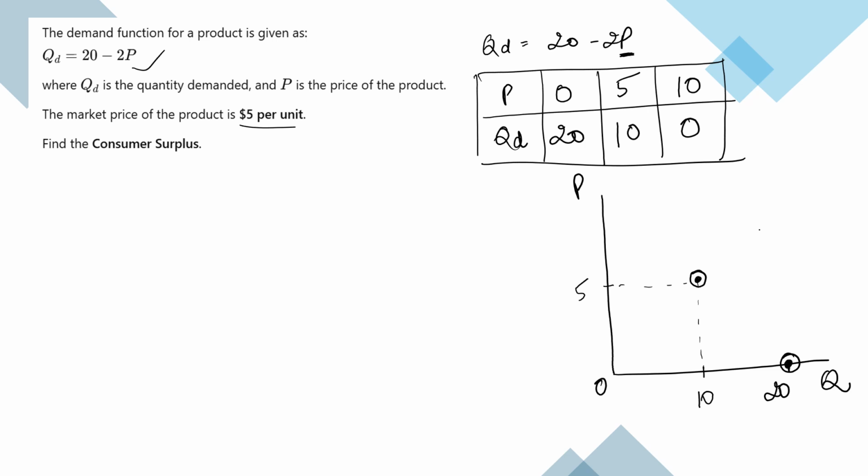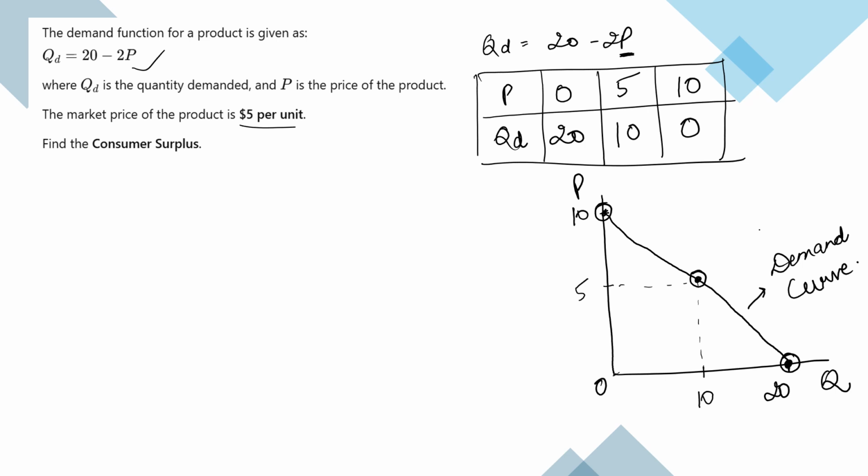The third one is at price of 10, where quantity is 0. When we join these 3 points, we get our demand curve. This would be our demand curve.